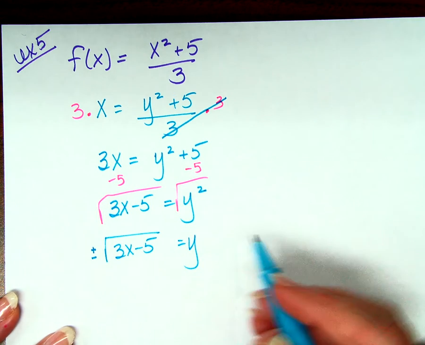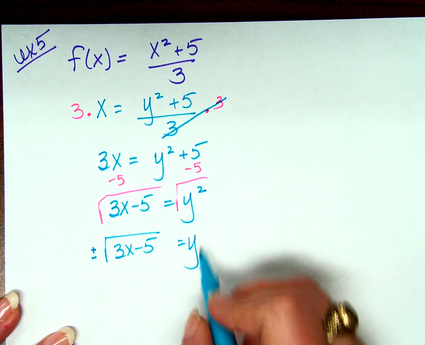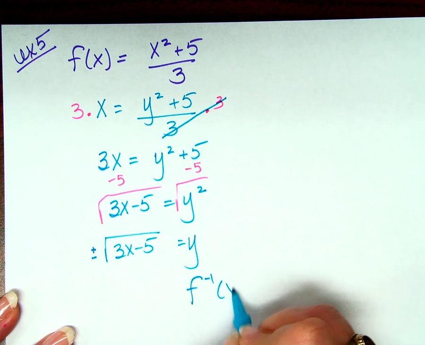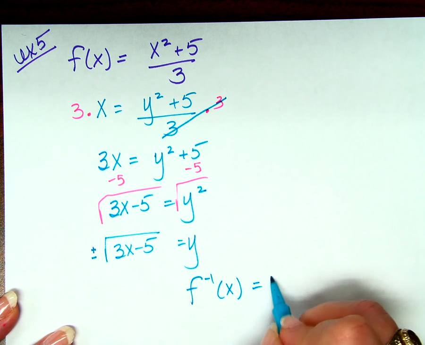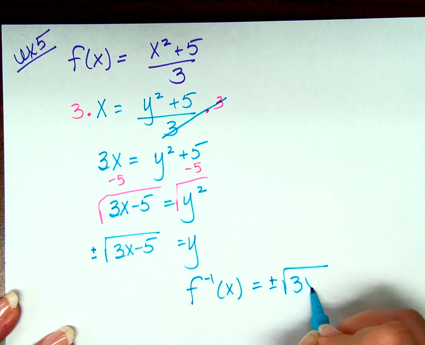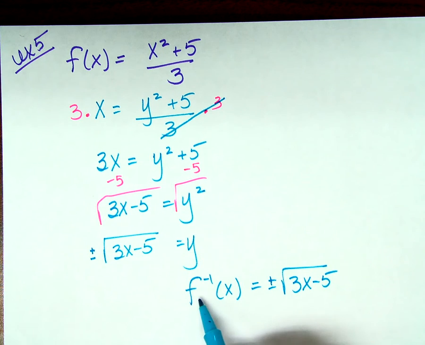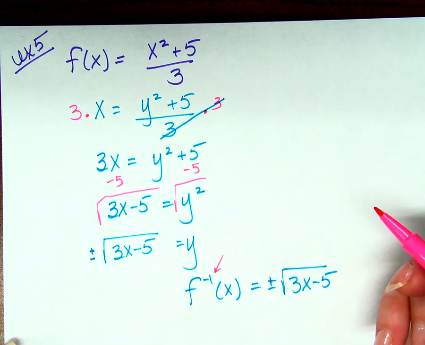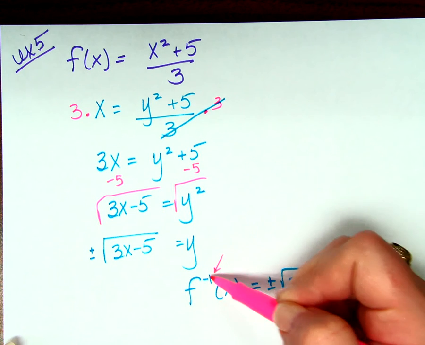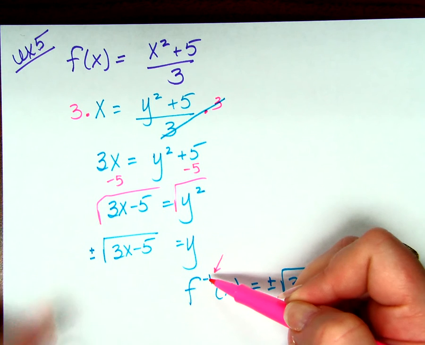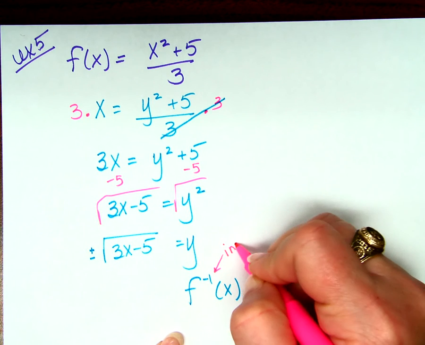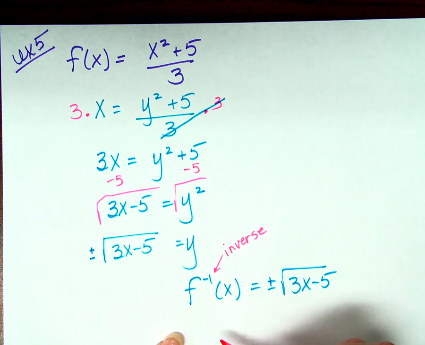Now here's what's interesting. Function notation is this. Now, does this look like an exponent? It does, right? It is not. It is a notation that says that this is the function we started with. This is the inverse of that function.